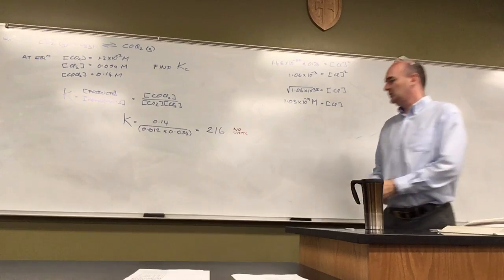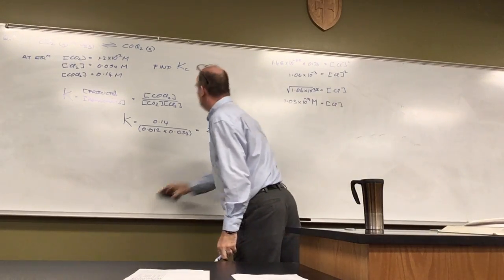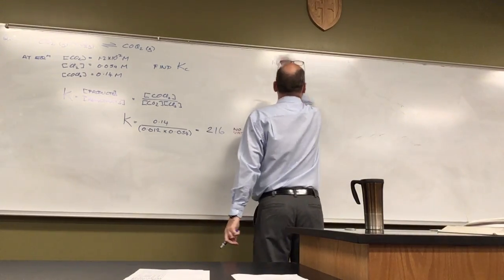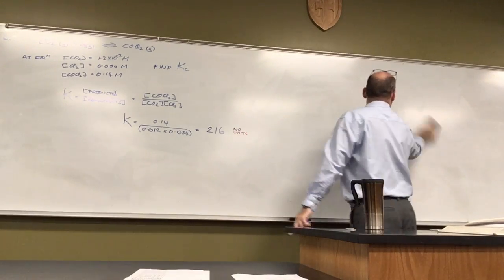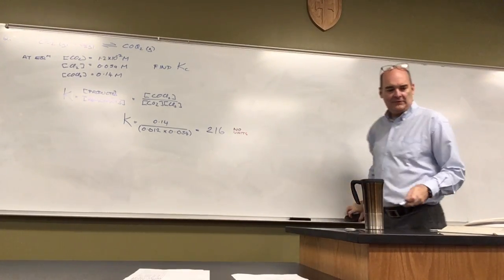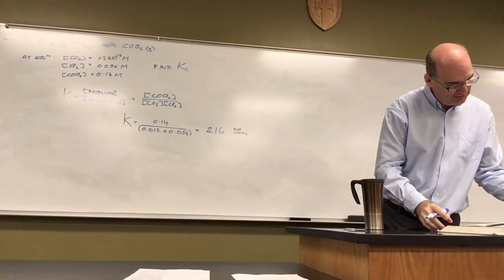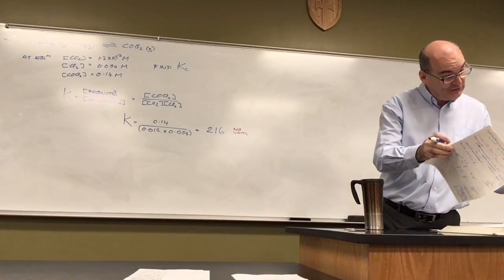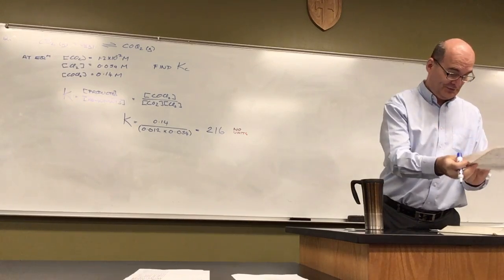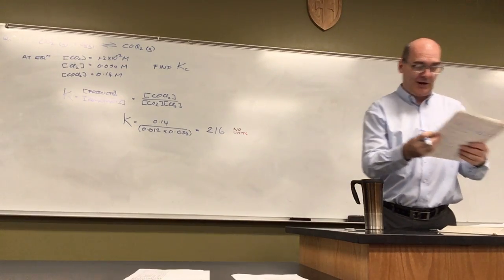Okay, let's squeeze one more in. This is a KP. I'm not sure I have a follow-up to this, but a follow-up would be useful as to convert that KP to KC, which is actually the next step. Different reaction.